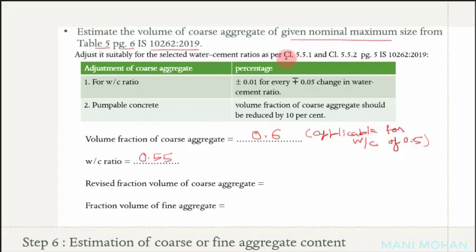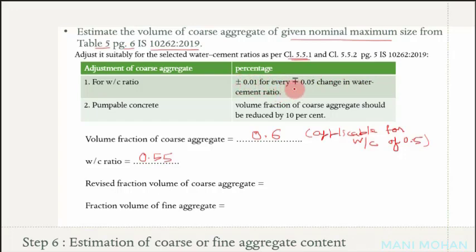It can be done by referring to clause number 5.5.1. Please read that clause. I have given a summary over here. For water cement ratio, if there is an increase or decrease, here minus means decrease, plus means increase, change in water cement ratio, then you have to increase or decrease the volume fraction.